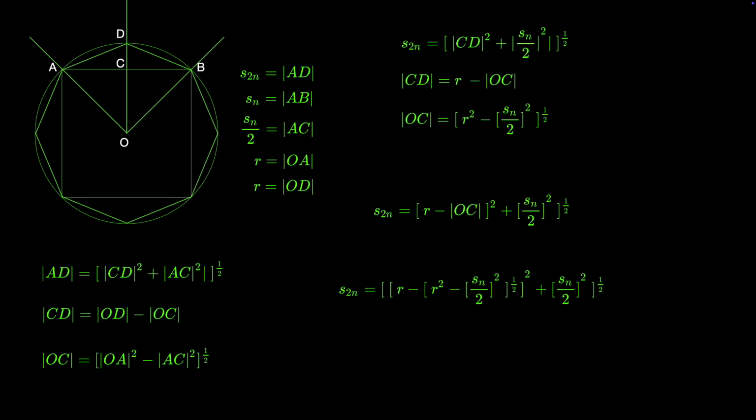To calculate s sub 2n for large values of n, we would use this formula repeatedly.